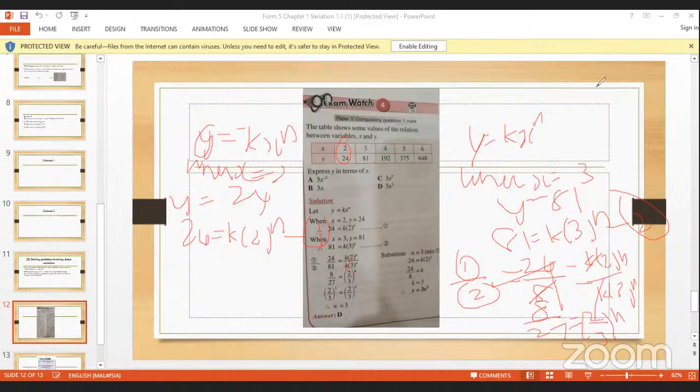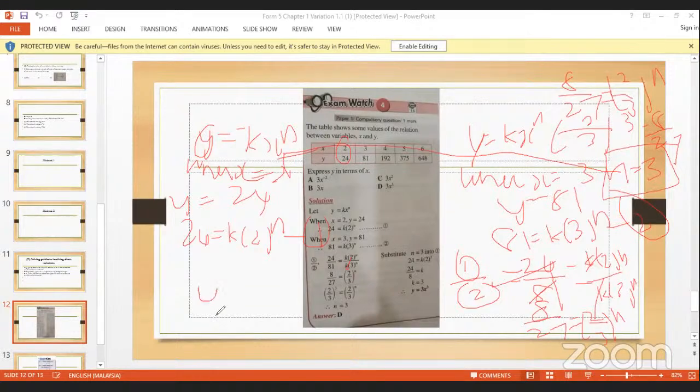Now, we know that 8 over 27, if you use a calculator, is equal to 2 over 3 to the power of n. We know that 2 over 3 to the power of 3, to the power of cube, is 8 over 27. So n equal to 3. So you solve it back, n equal to 3, into this formula.